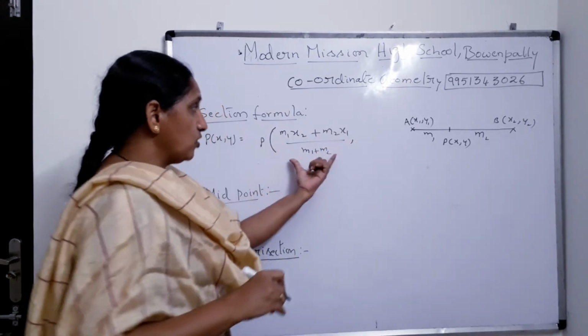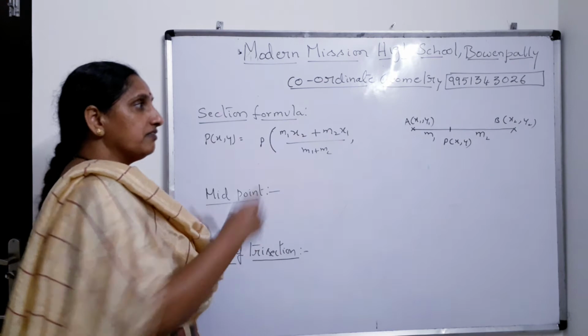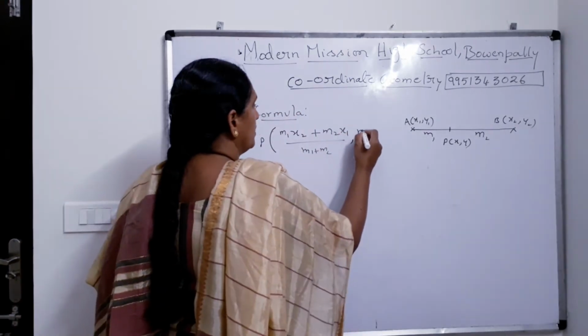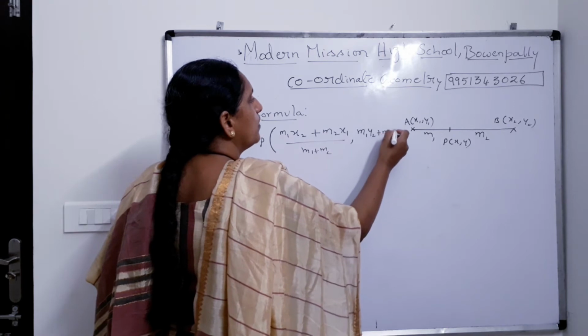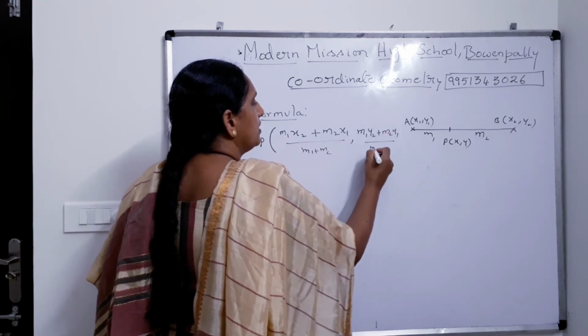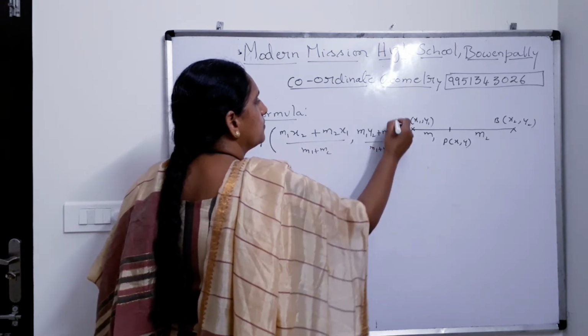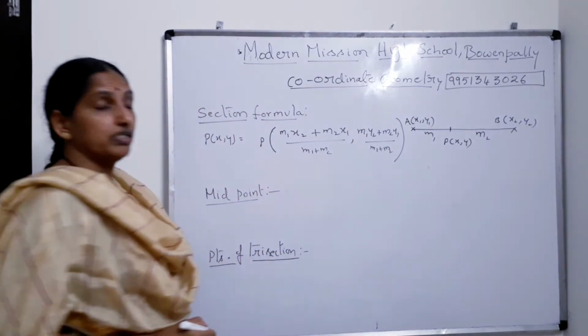This is the x coordinate. And the y coordinate is similarly m1 y2 plus m2 y1 by m1 plus m2. This is the y coordinate.